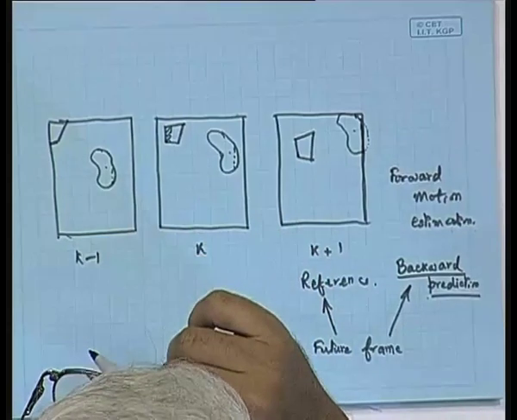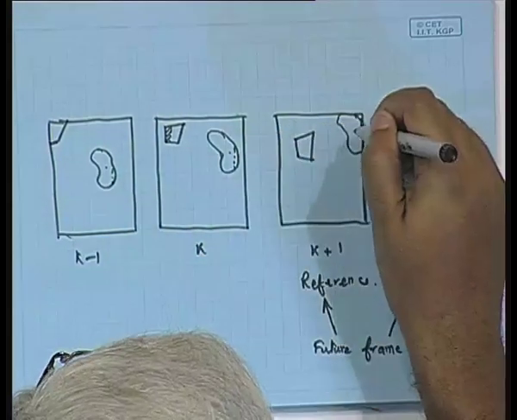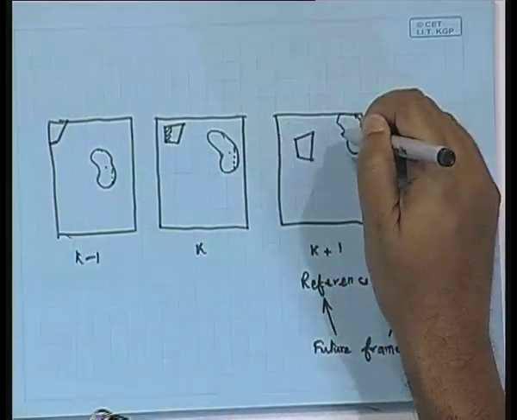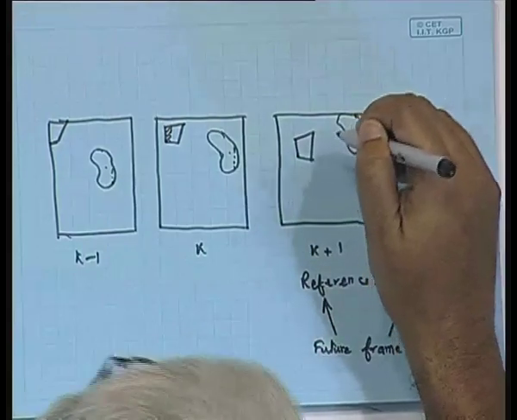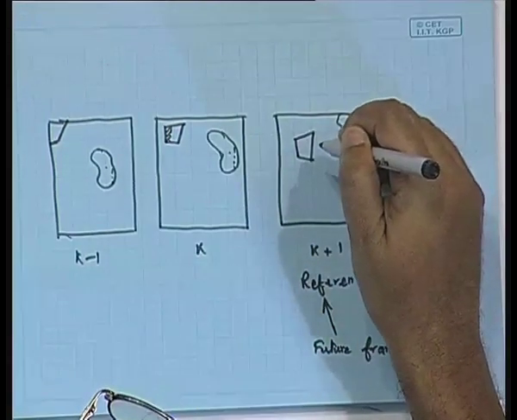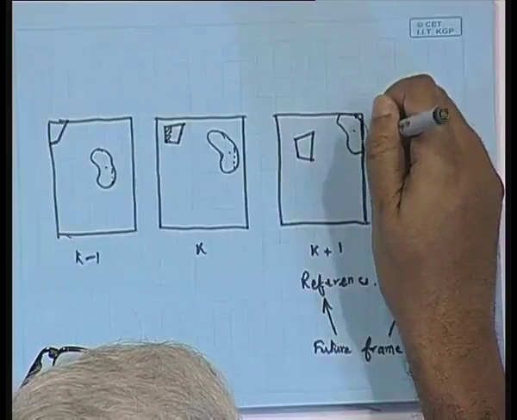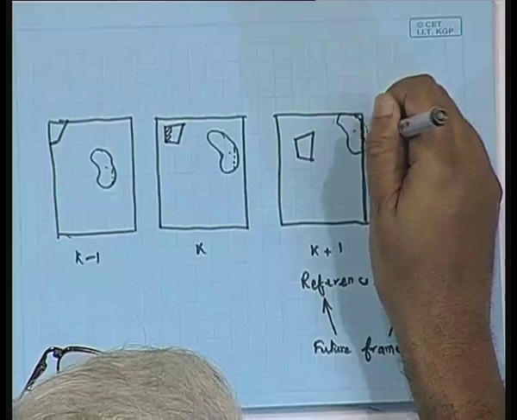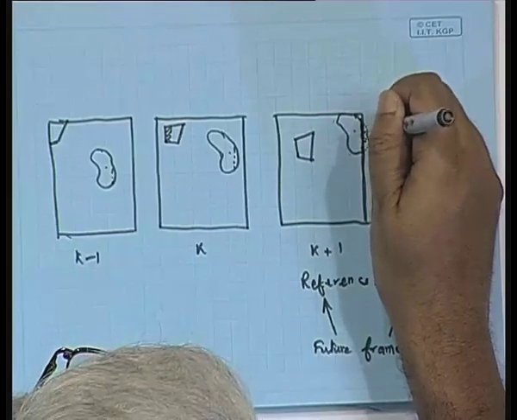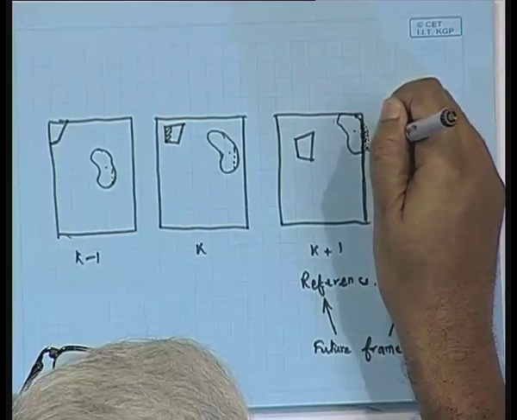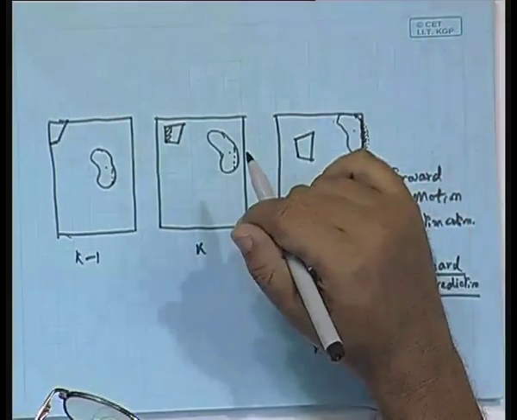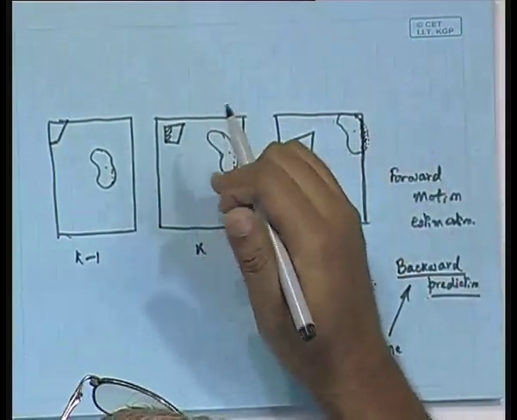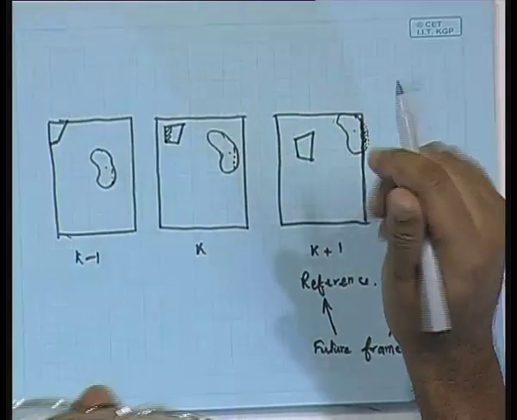Whereas if we do forward prediction, or the backward motion estimation, it would be problematic, because we have only part of this object. Those parts will not have any correspondence in the previous frame.